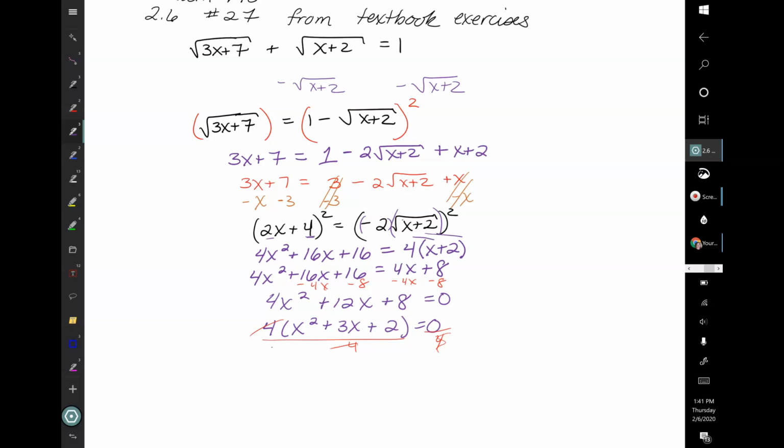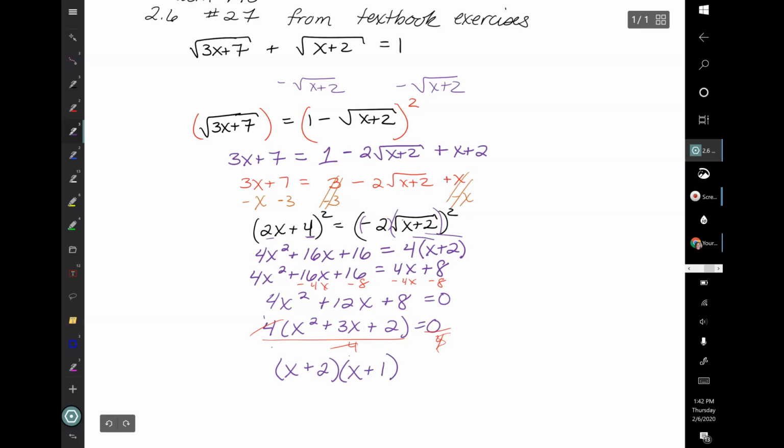So if it were, we would set that equal to 0 too, but we wouldn't ever set just a constant equal to 0. So we now can factor this: x plus 2, x plus 1 should work.